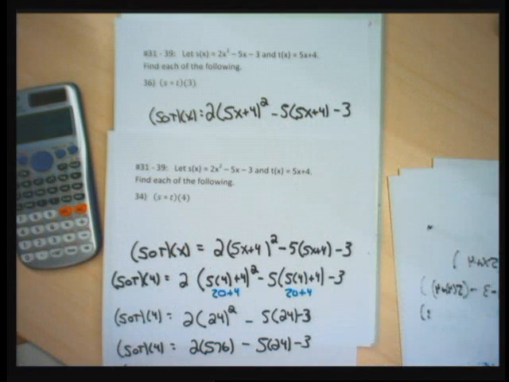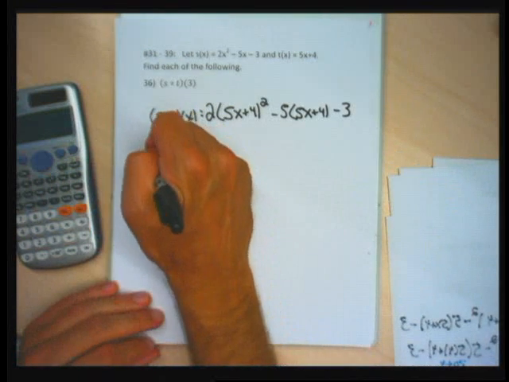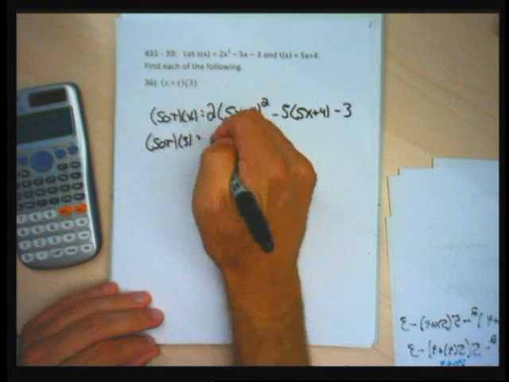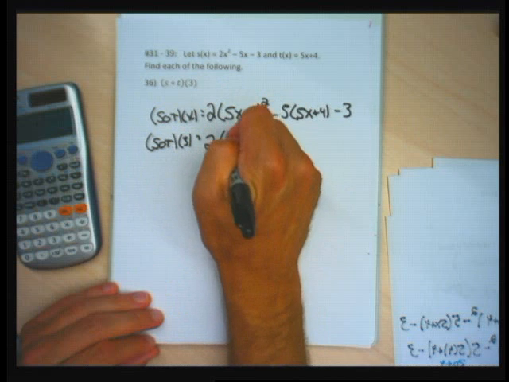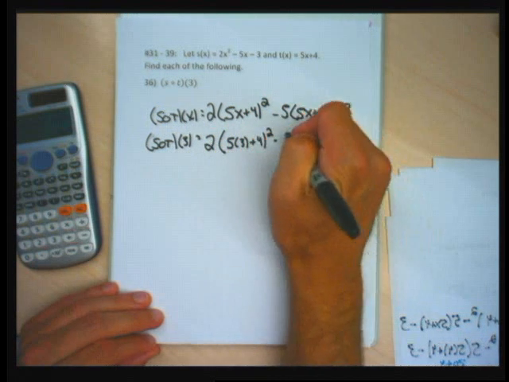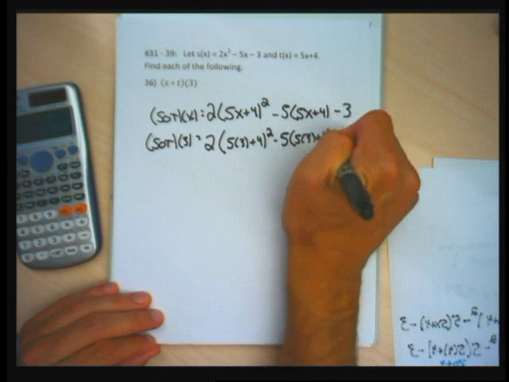So this problem, I need to change the x's to 3's and simplify. I'm going to use my calculator to do the whole thing because I don't feel like thinking that much.